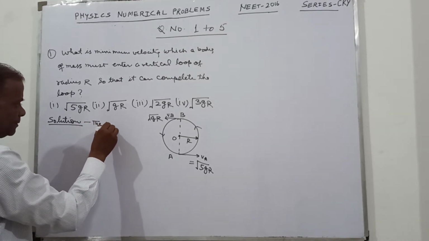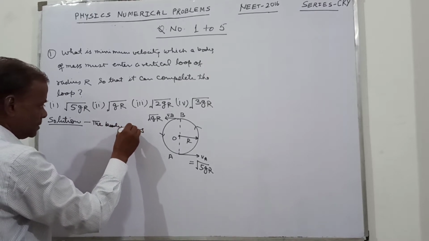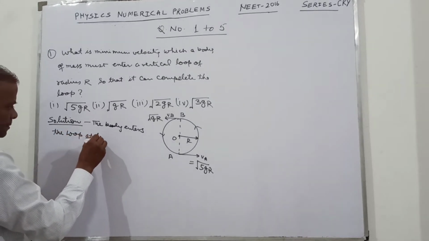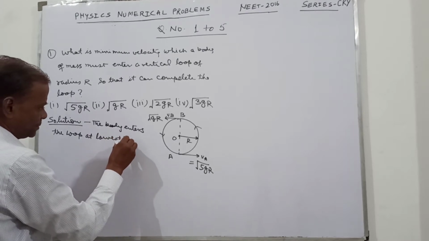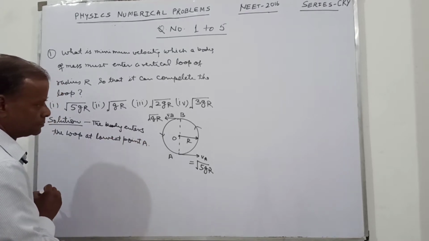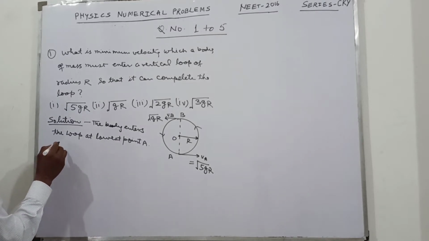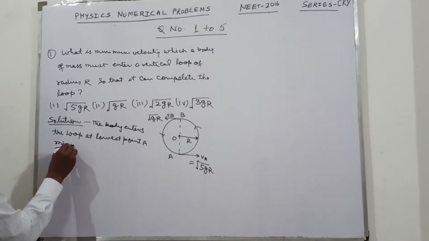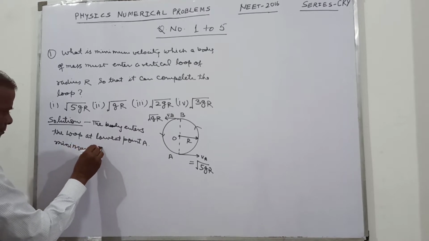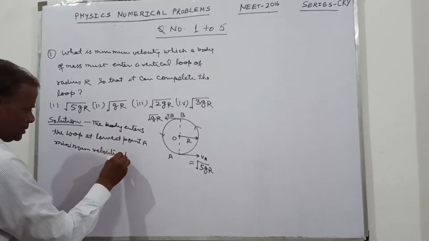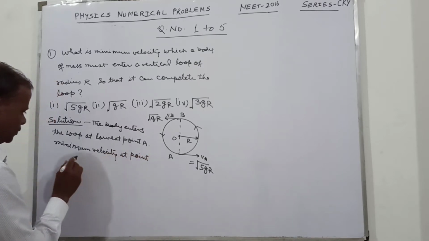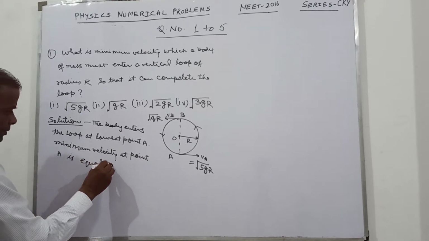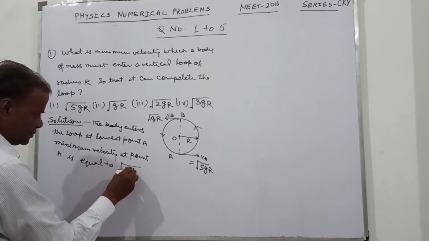The body enters the loop at the lowest point A. So the minimum velocity at point A is equal to square root of 5gr.